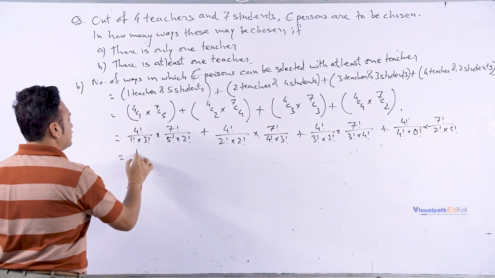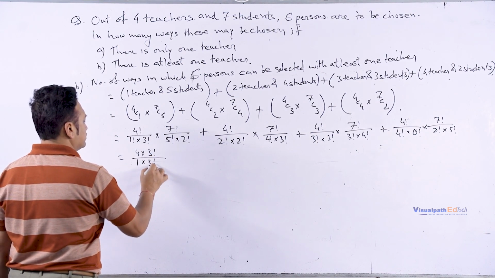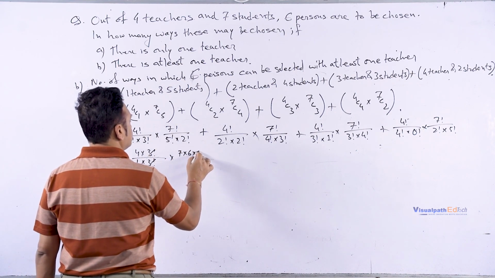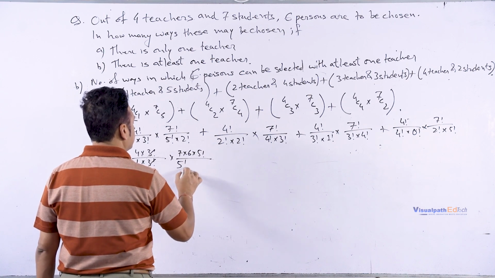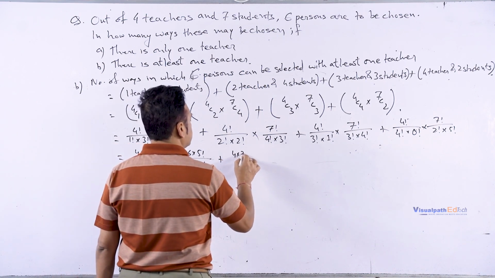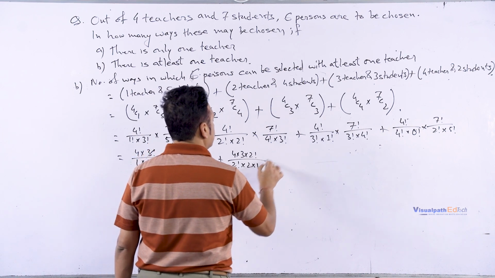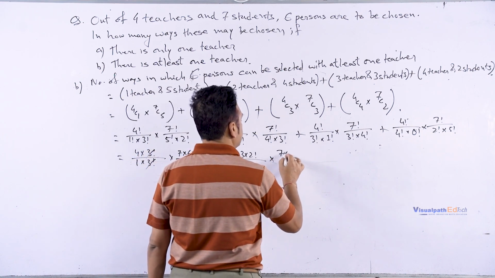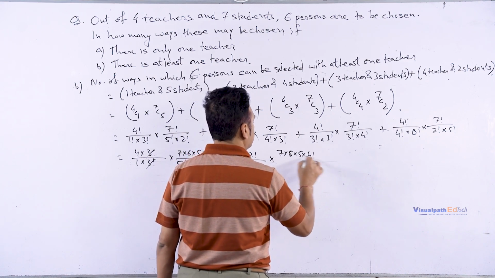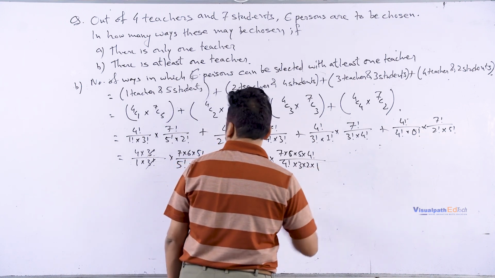So, this can be written as 4 into factorial 3 by 1 into factorial 3, these two can be cancelled. This is 7 into 6 into factorial 5 by factorial 5 into 2 into 1. Again, this is 4 into 3 into factorial 2 by factorial 2 into 2 into 1, and here we will get 7 into 6 into 5 into factorial 4 by factorial 4 into 3 into 2 into 1.